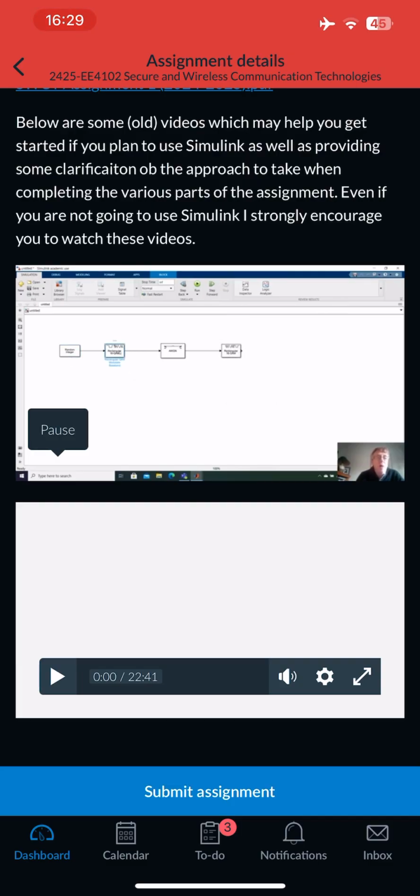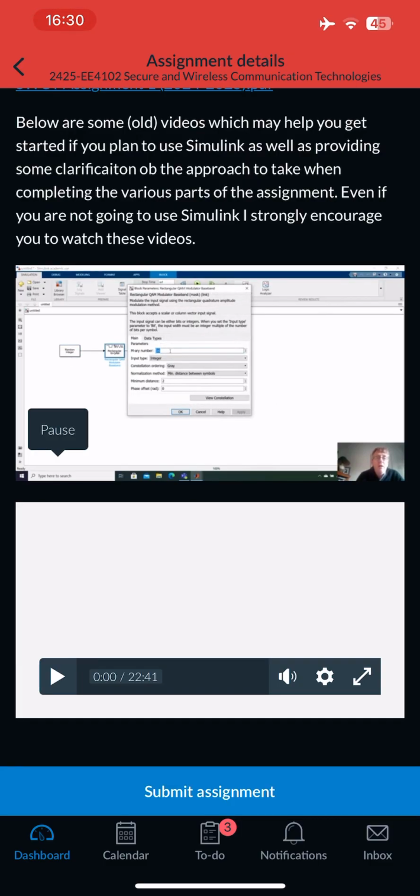If we go into the modulator and look at the various values here, firstly, it defaults to 16, which is the value we want, 16 QAM. The input type is integer, and the main thing we want to do here is use Gray codes. I'll explain why we want to use those in a few minutes.